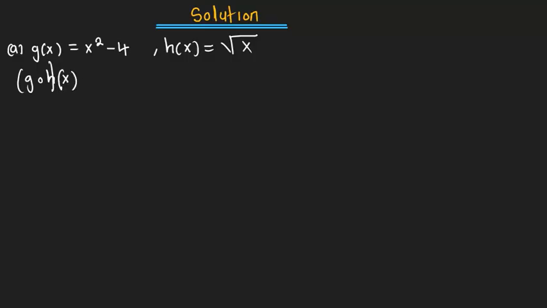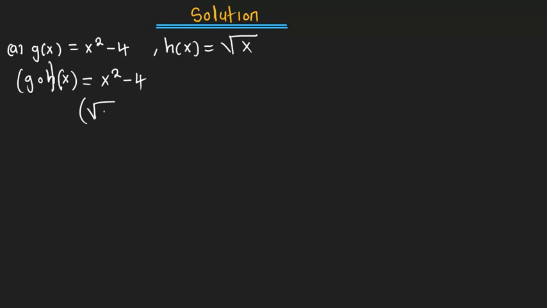So now this simply means that we are getting the function of g, and then inside the function of g we are going to put the function of h. So I'm going to get this particular equation. Where there is x, I'm going to put my h of x.